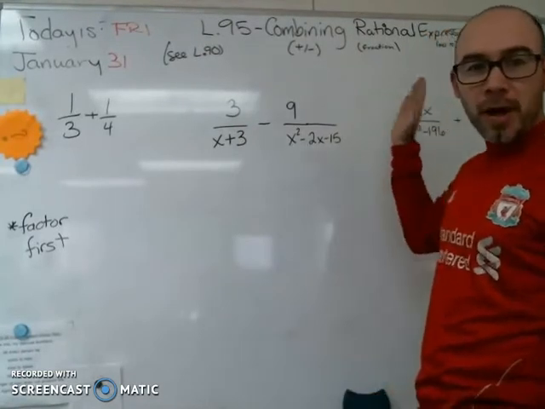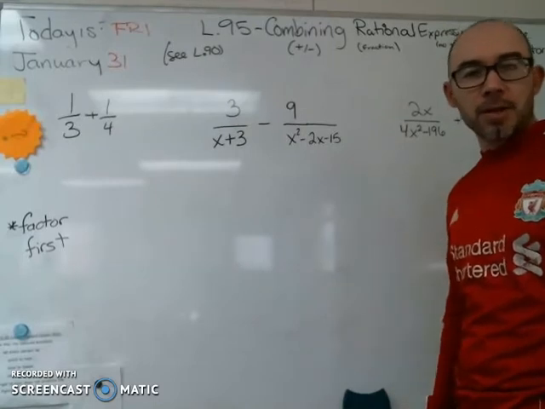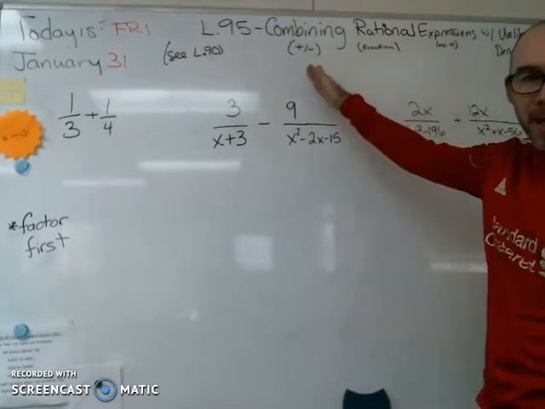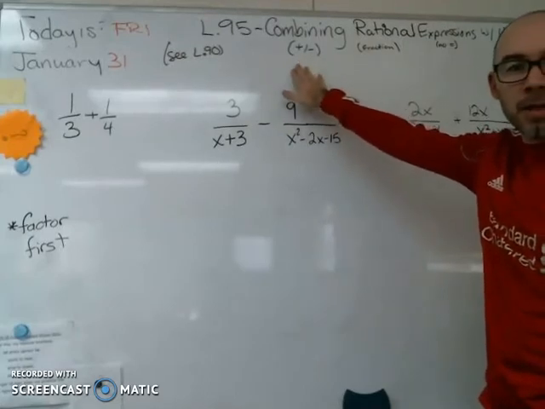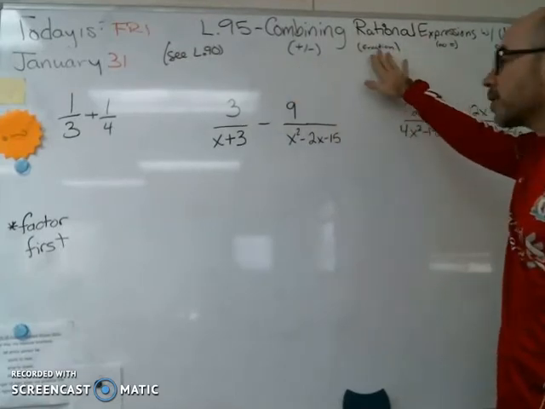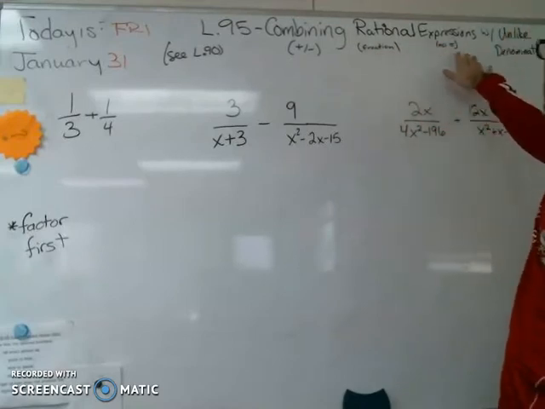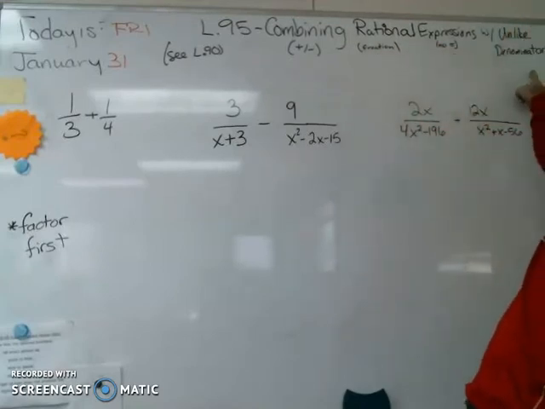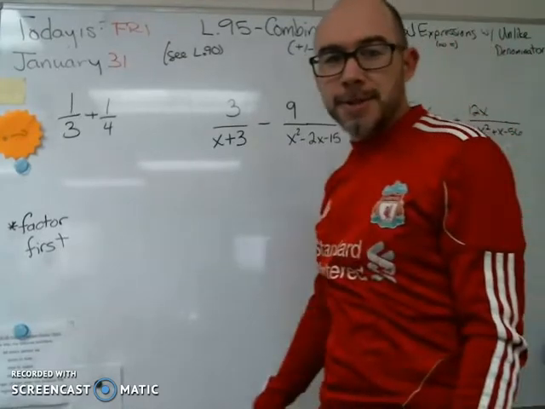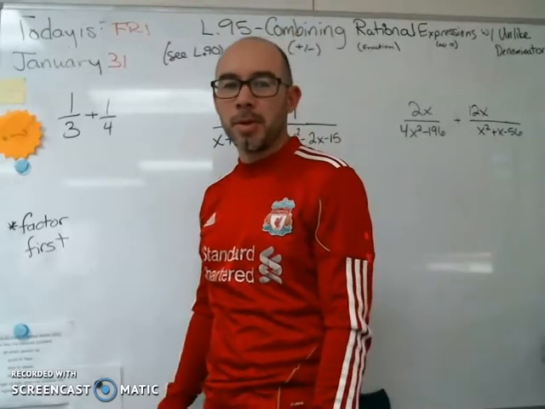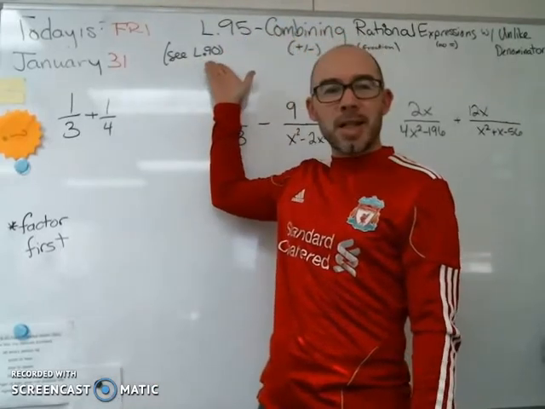Hey, folks, you've dialed in here to lesson 95, and the title is Combining, which is adding and subtracting, Rational Expressions, which means this involves fractions and no equal sign, with unlike denominators. If you want to see some problems very similar to today's problems, you can go and rewatch lesson 90.